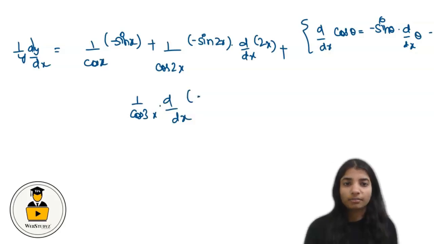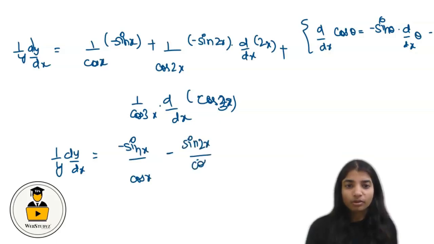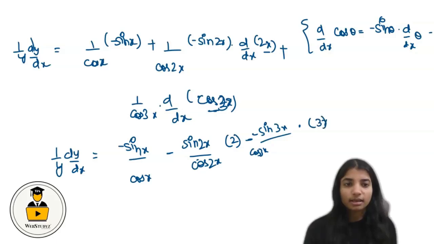So 1 divided by y, dy/dx is equal to minus sine x divided by cos x, plus minus sine 2x divided by cos 2x multiplied by d/dx of 2x, which is 2, plus minus sine 3x divided by cos 3x multiplied by d/dx of 3x, which is 3.